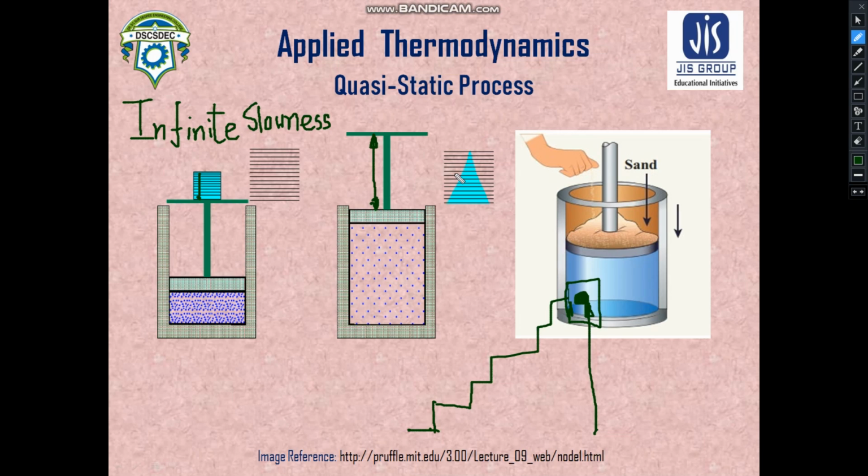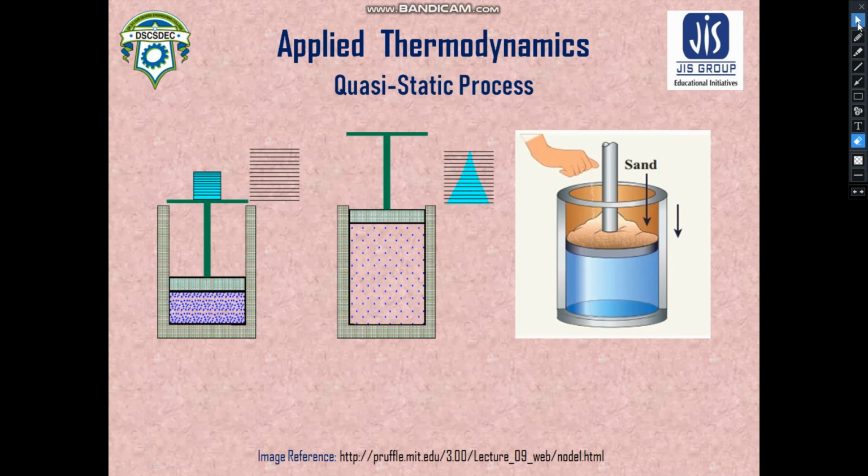We shall be discussing the reversible process and the irreversible process later on, but just to help you understand, this doesn't apply practically. So I hope I have introduced thermodynamics to you.